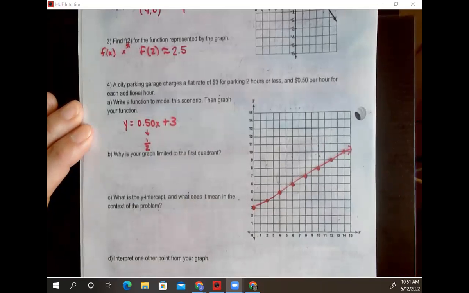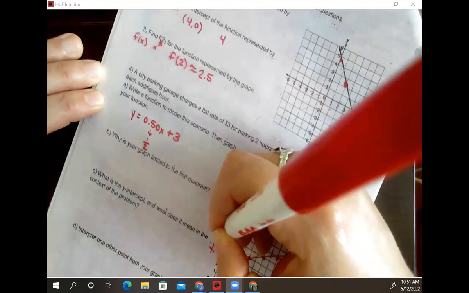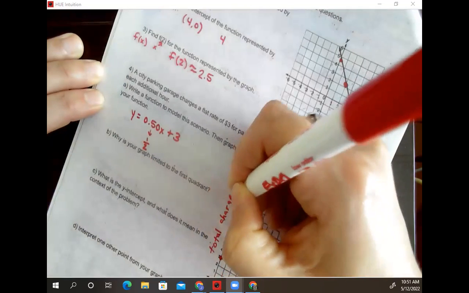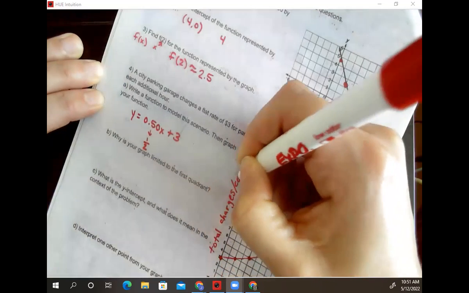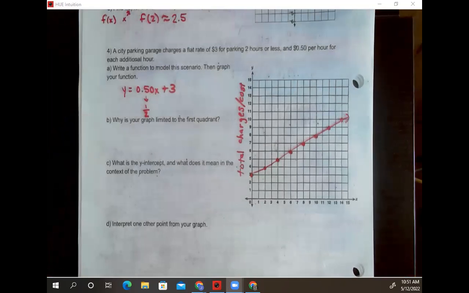Now, because this problem has a context, I do want to label the axes here. The y is my total cost, or my total charges. The x represents time, but I need to be careful with this one.